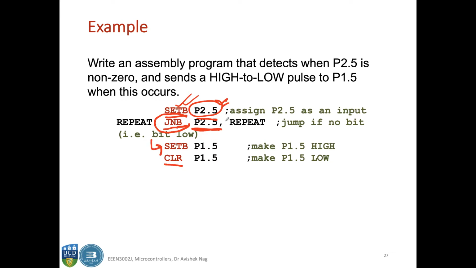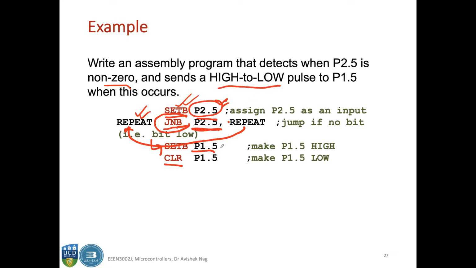If it is 0, then it will stay in the same line, so you have a loop here. It's going to the same line which is labeled as repeat. So you are looping around this line until it is non-zero. When it is non-zero, it goes to the next line and sends a high to low pulse to port 1.5.